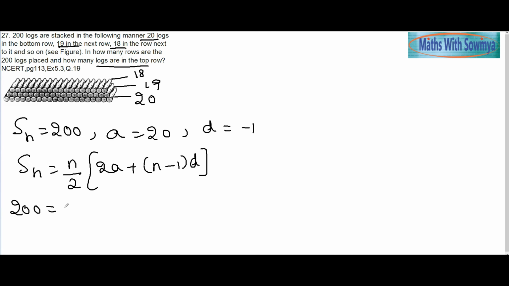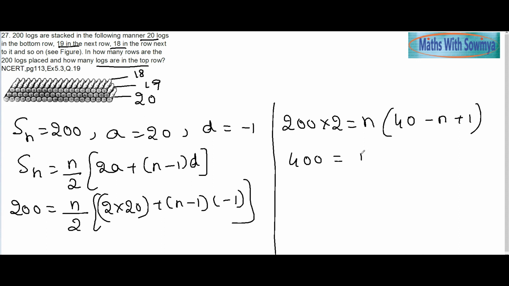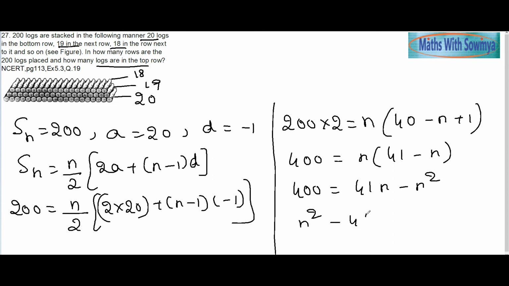Sn we know is 200, so n by 2 into 2 into 20 plus n minus 1 into minus 1. So 200 into 2 is n into 40 minus n plus 1. So 400 is n into 41 minus n, that is 41n minus n square, or n square minus 41n plus 400 is 0, just shifting this to the left hand side.